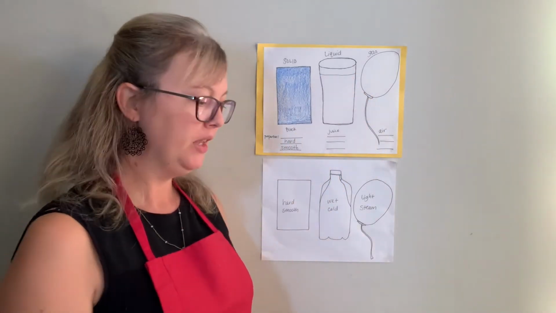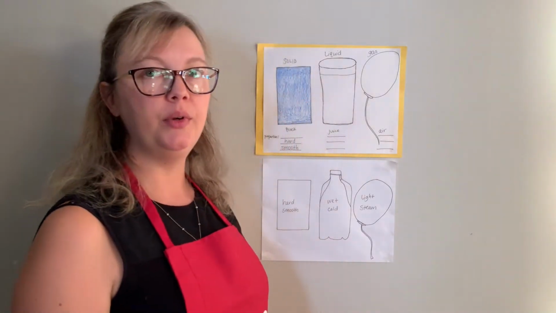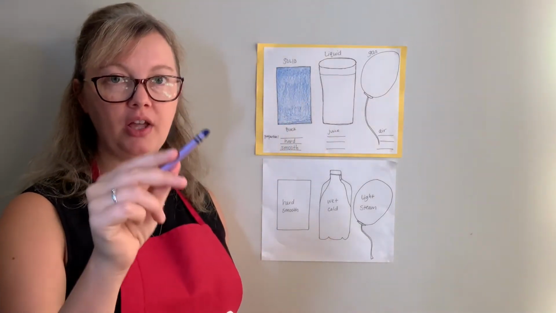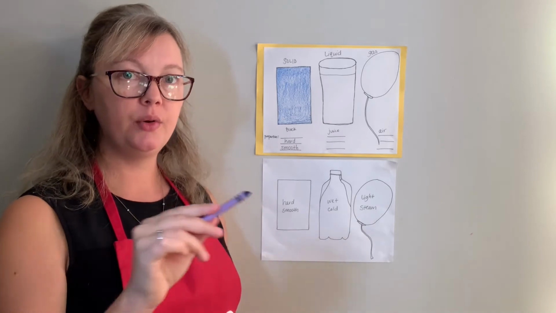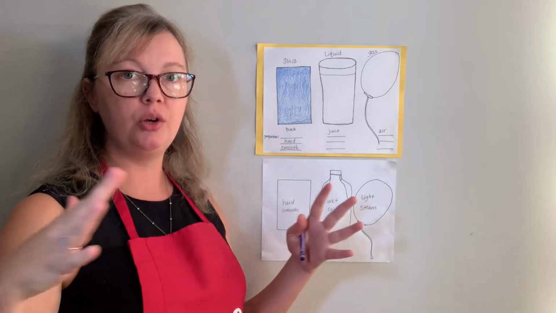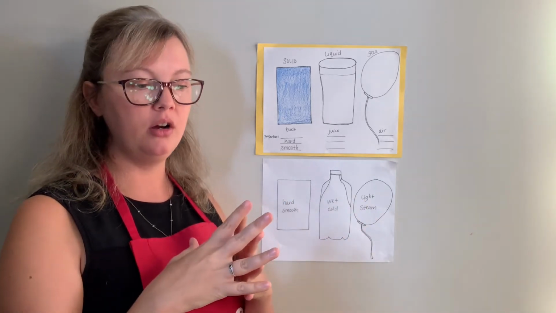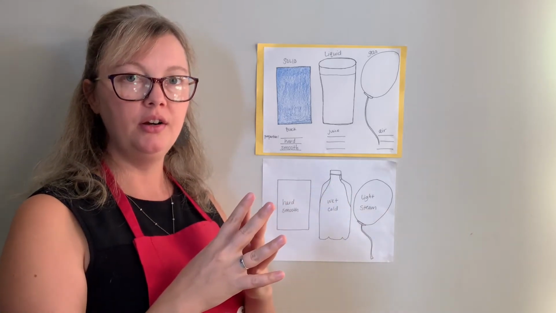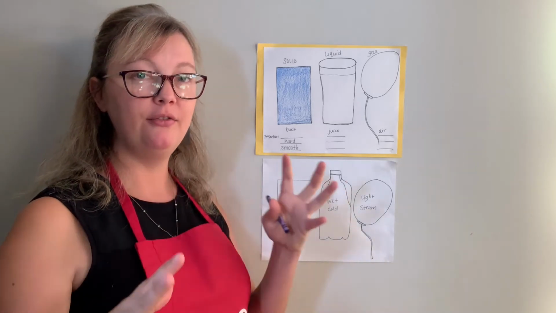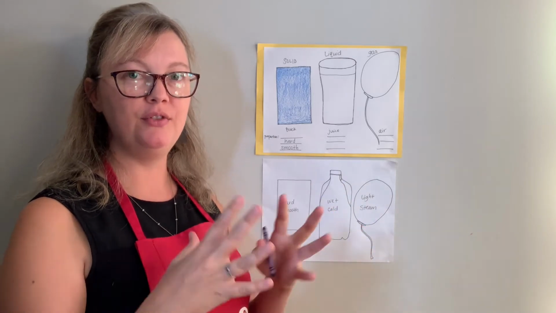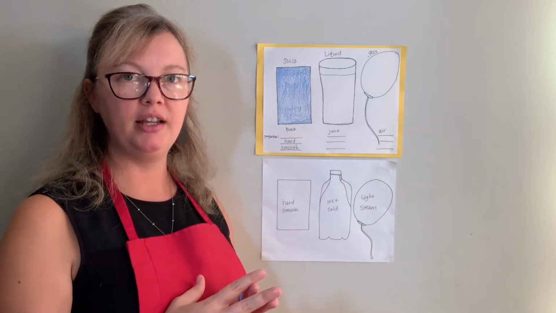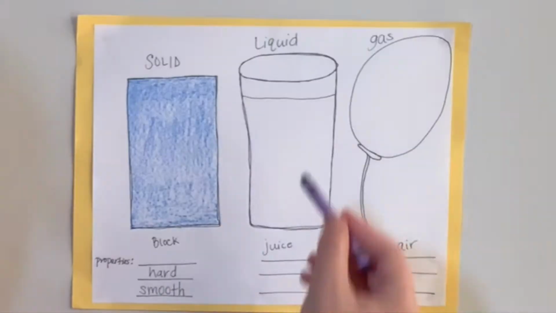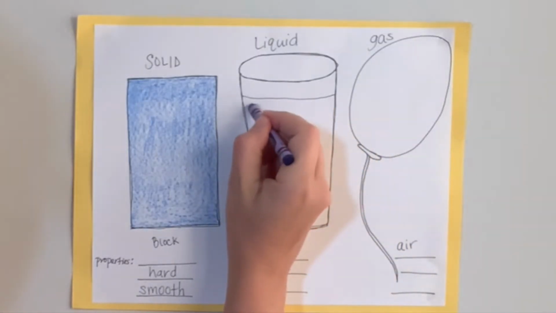Now we're going to demonstrate liquid by making circles of color this time. And they're not going to connect because we want to show a little bit more of our particles or our atoms being farther apart. This is just a visual way of demonstrating a liquid. All right, so let's just do some circles.